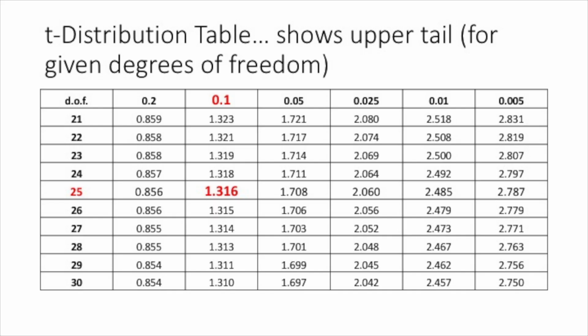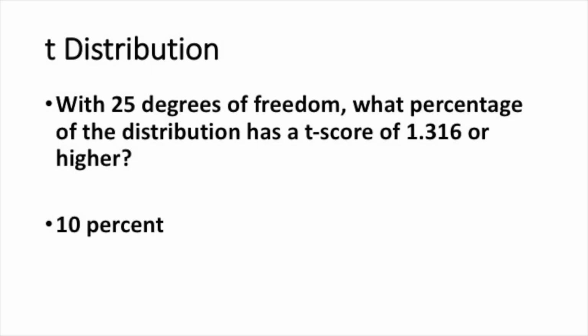Let's go down to the row that shows 25 degrees of freedom, and let's go across that row and see if we can find the value of 1.316. Well, the first value is 0.856. The next value is 1.316. So bingo, we found it, and that corresponds with 10% in the upper tail. So to answer the question of what percentage of the distribution has a t-score of 1.316 or higher with 25 degrees of freedom, it's 10%.